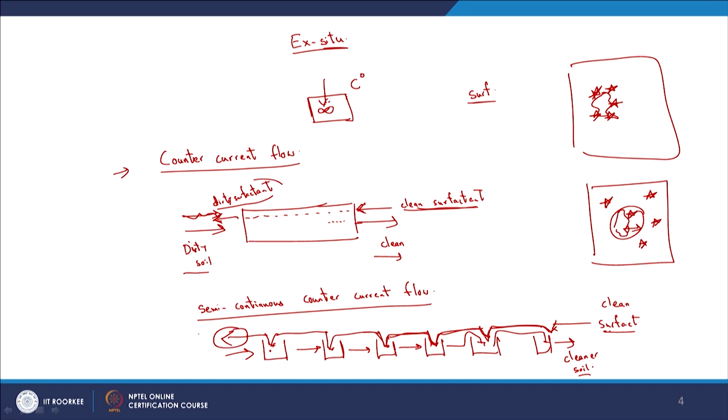Here you are going to have the relatively dirty or contaminated surfactant, and this you are going to dispose out there, right. Obviously you are going to have a fresh batch of contaminated soil coming in, and simultaneously a batch of clean or decontaminated soil leaving. At the same time you will have the surfactant coming in and the dirty surfactant being removed, right. So, that is how we typically go about it.